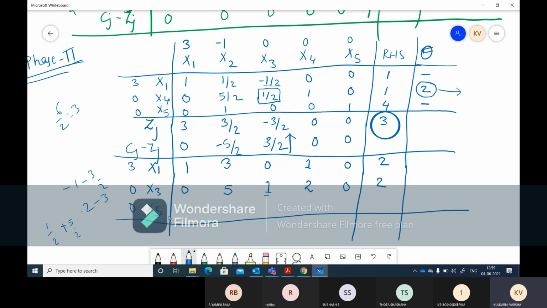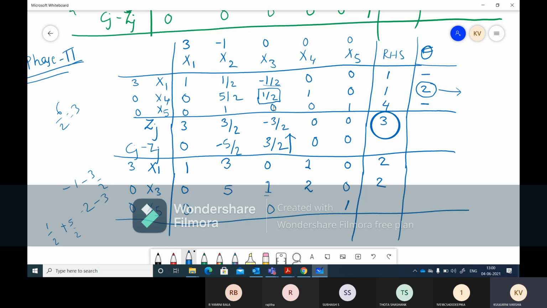Now going for x5. In x5 you want 0 over here, 0 over here, 1 over here. So concentrate where you want 0, here you want 0. So what you need to do, you have to check how you will get. Here you have 0, here you have a 0. So 0 minus 0, 0. Okay.